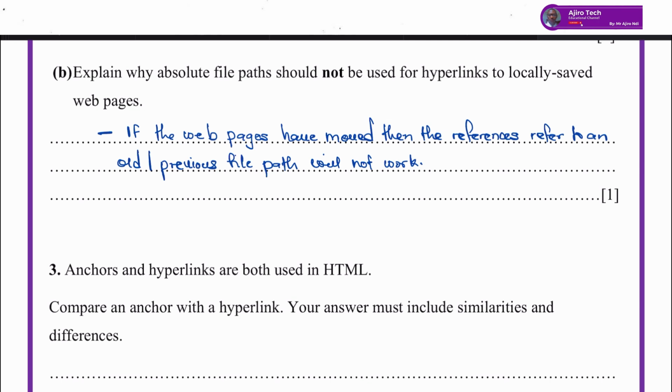So this explains why the absolute file path should not be used for hyperlinks. Because if that web page has been moved, then that reference which refers to that old file path is not going to work. So this is very important.